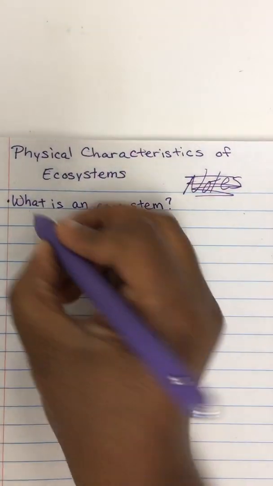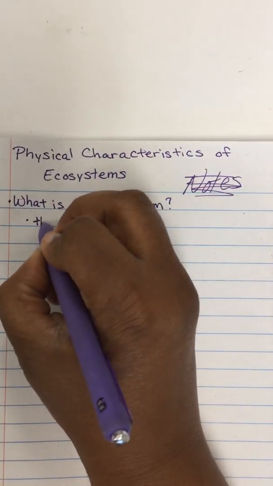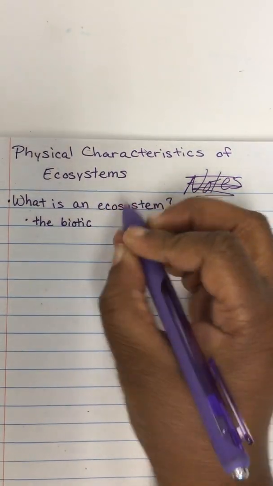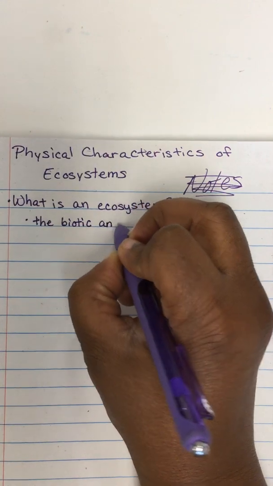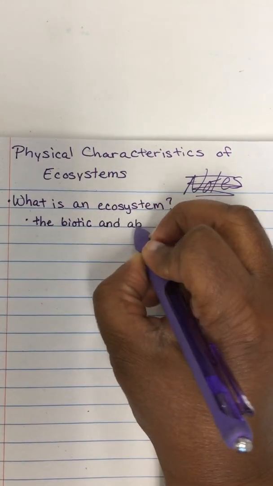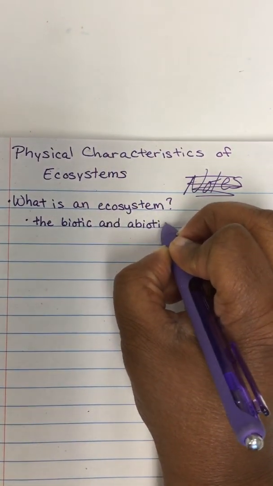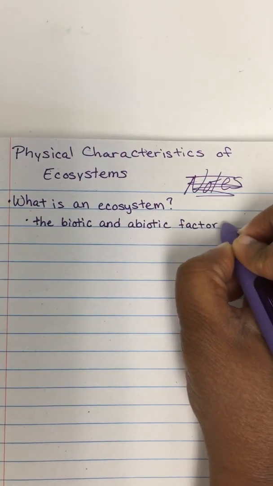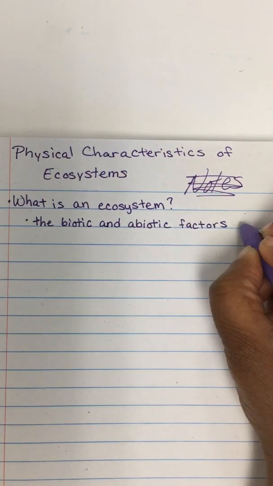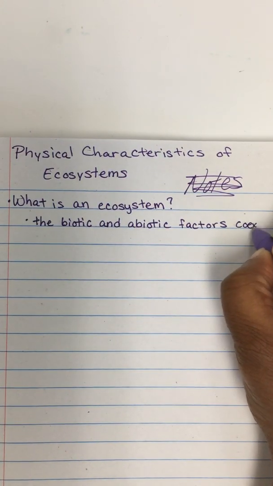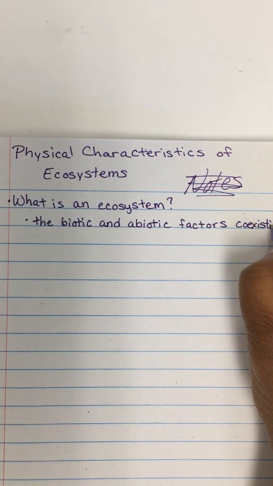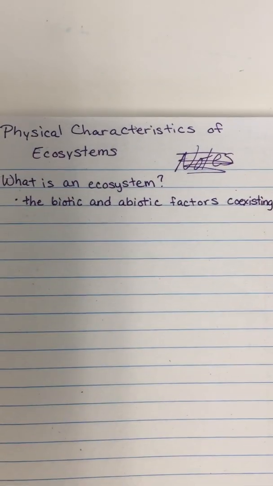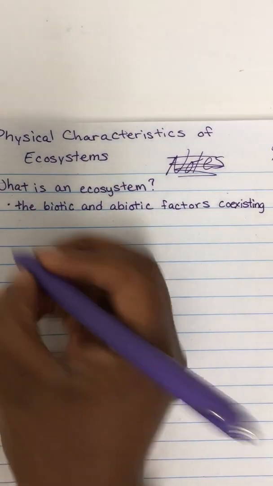What is an ecosystem? It is the biotic and abiotic factors or things coexisting, trying not to go over that line, coexisting in one space.